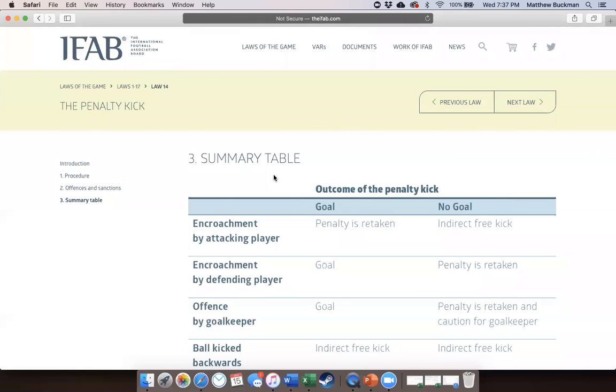If it's during the run-up to the penalty kick, meaning the ball has not yet been kicked, then the ball is not in play yet, and we can stop, blow the whistle, punish the defending team however we need to, if it's a yellow card, whatever it may be, and then go back and take the penalty kick because it has not yet been taken.